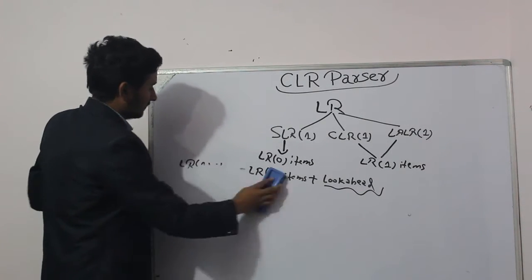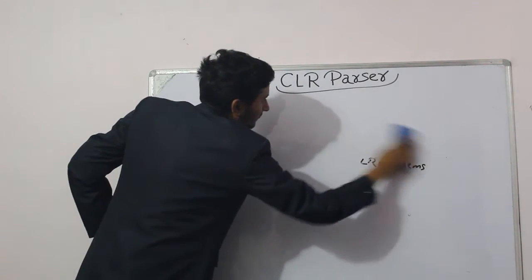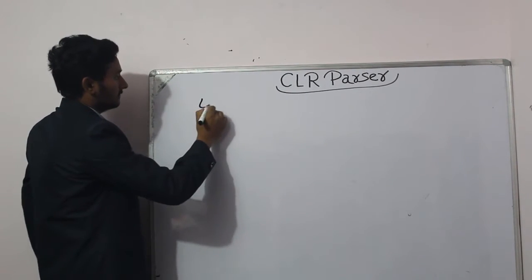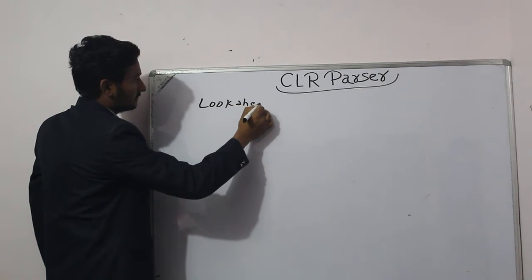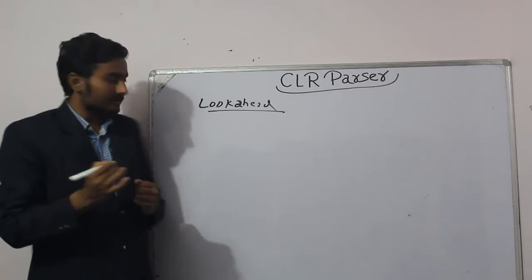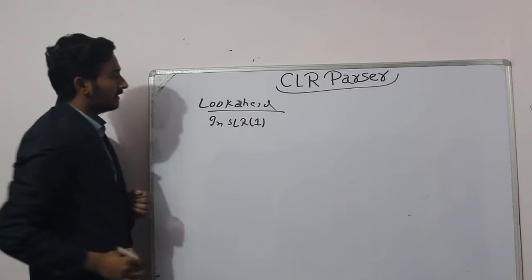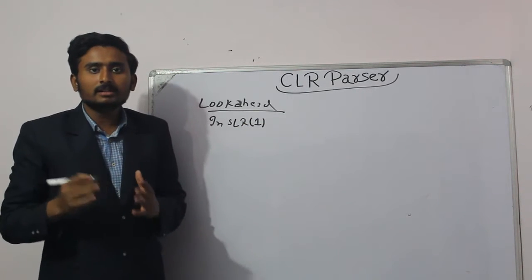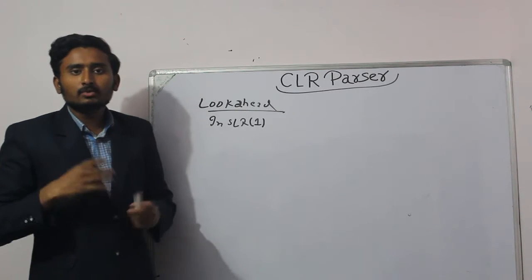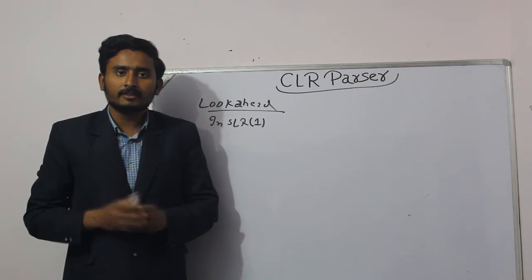Let me give you a brief idea about what look ahead is. In the SLR parser, what we were doing is finding the follow of the non-terminals, and we were doing the reduce operations on every terminal present in the follow of the given non-terminal.